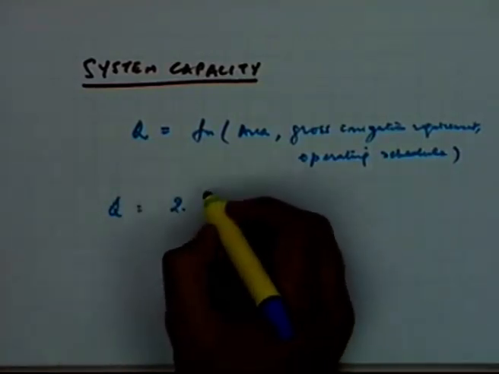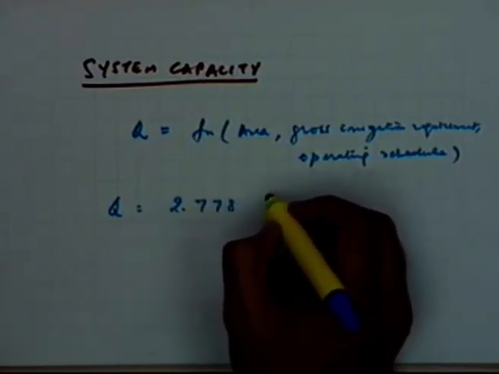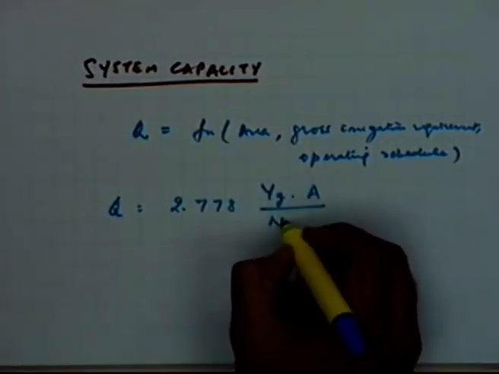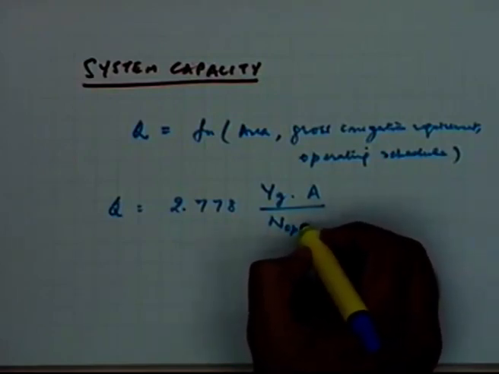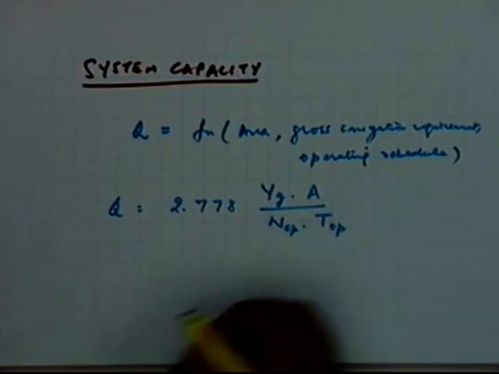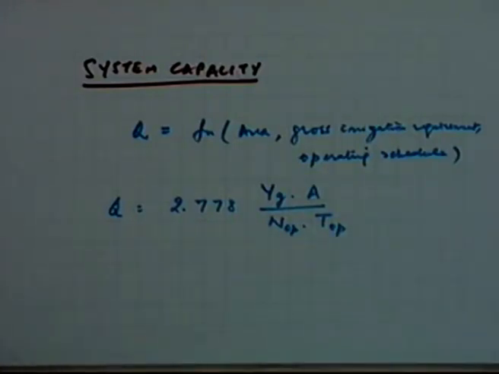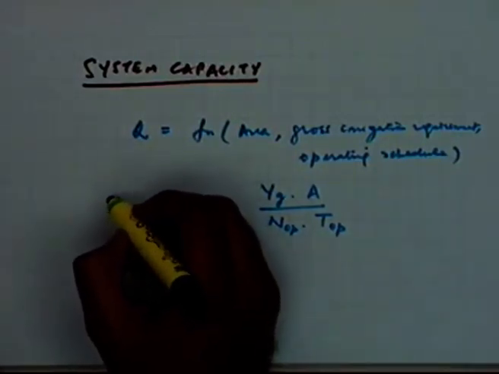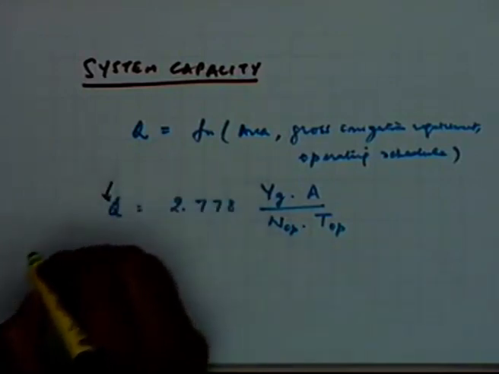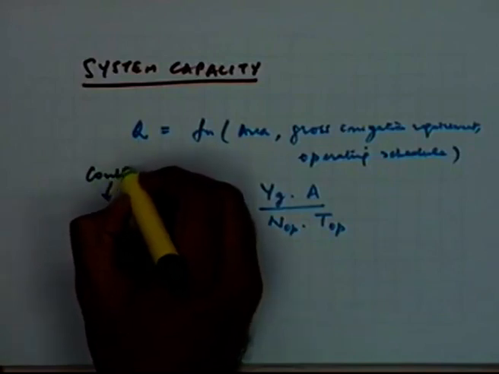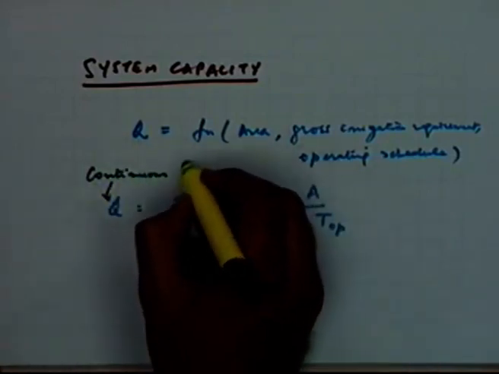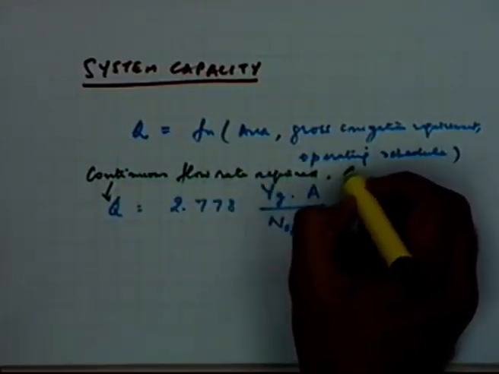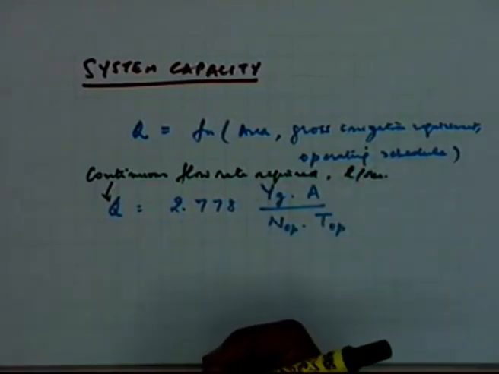Q is expressed as follows, where Q is the continuous flow rate required, expressed in liters per second.